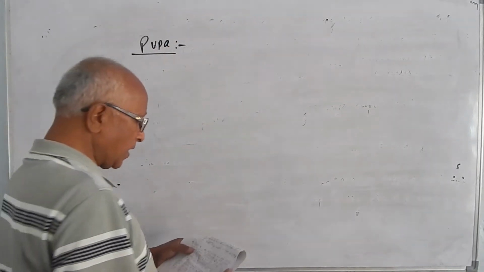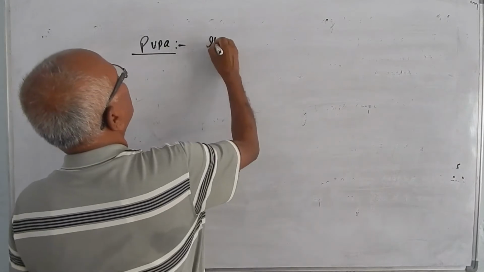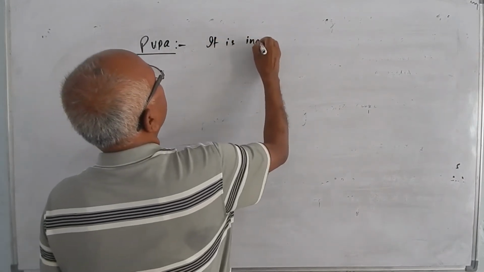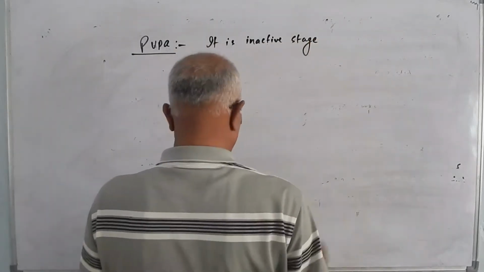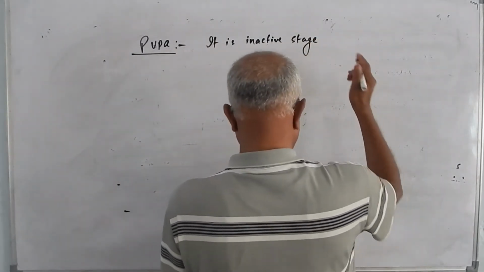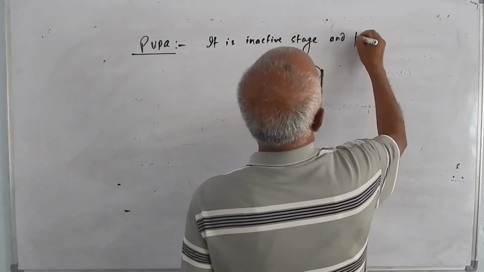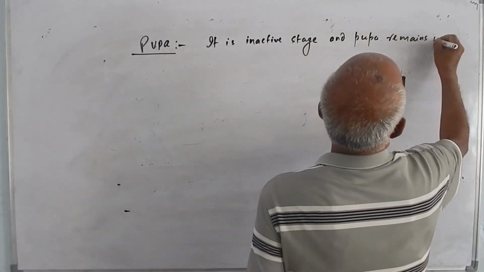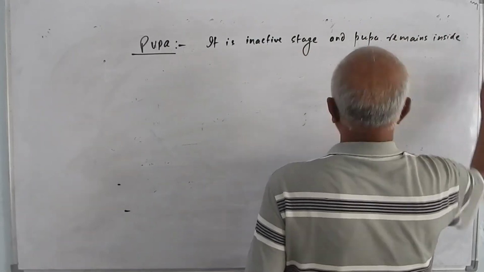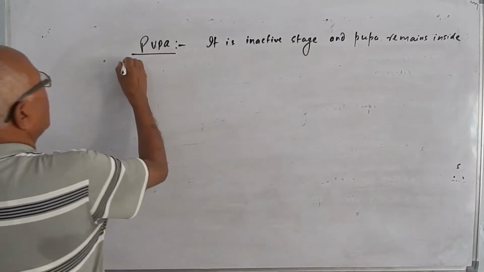Another stage, pupa, it is an inactive stage, and pupa remains inside the cocoon.